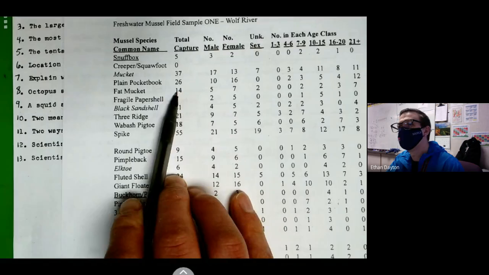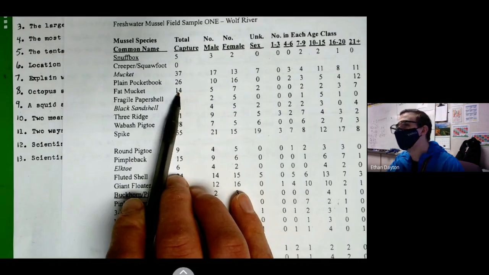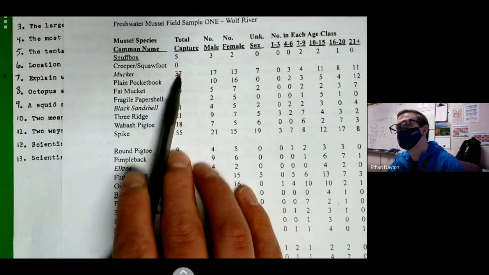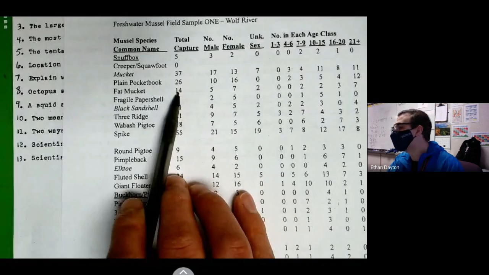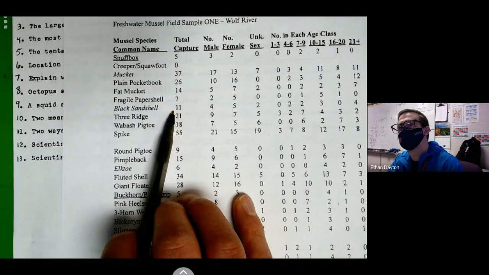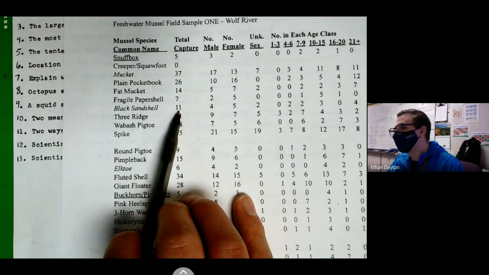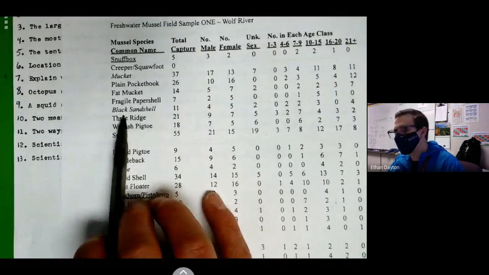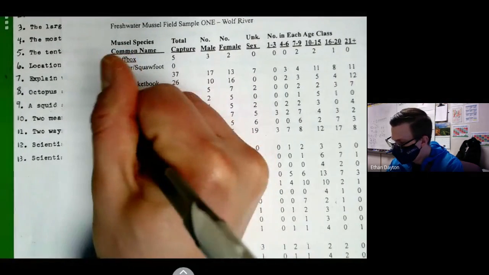We just added 26. 68 plus 14 is 82. Plus 7 is 89. Plus 11 is 100. So at the black sand shell, we have exactly 100.